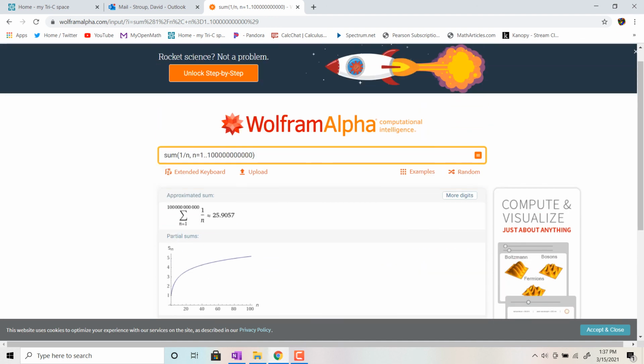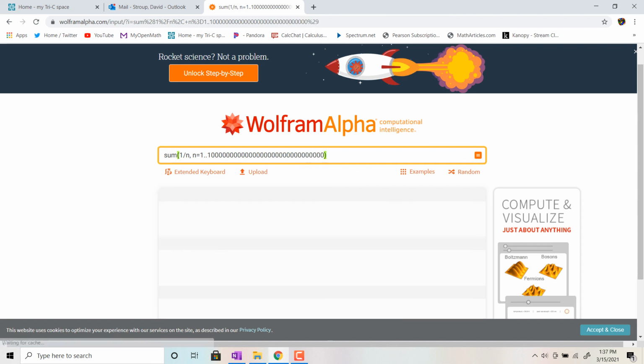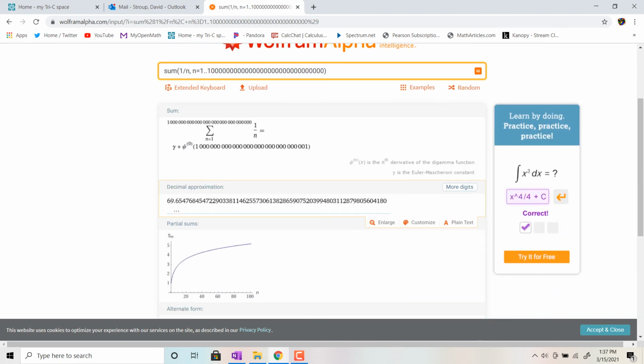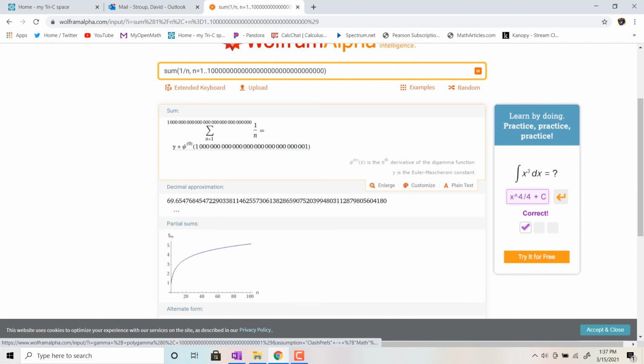This thing just diverges slowly, and it's incredible that it's actually divergent. You would expect it to be convergent because of the rate at which it sums up. It's only at 69 right now. It's unbelievable how long it takes this thing to reach a certain number. But any number you produce, this thing will eventually exceed it. It'll just keep growing indefinitely. It's never going to converge to anything.